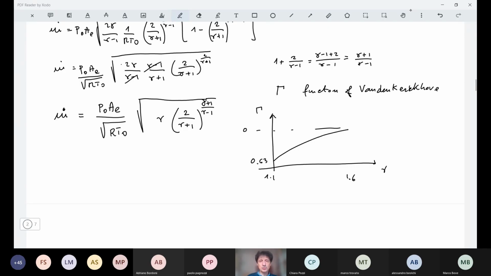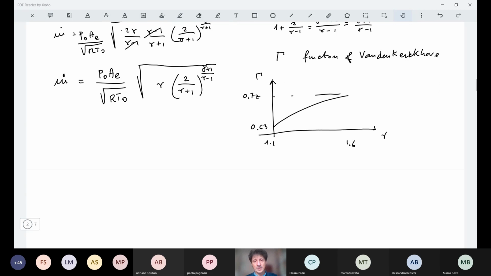This is 0.72, but this is related to the high values of gamma that can be of interest for cold gases. When I put 1.6 here on this right, as maximum value of gamma, I'm referring to the fact that we are talking about thermal rockets, and within thermal rockets we have also rockets operating with monatomic gases. For instance, some cold gas, in principle, using xenon.